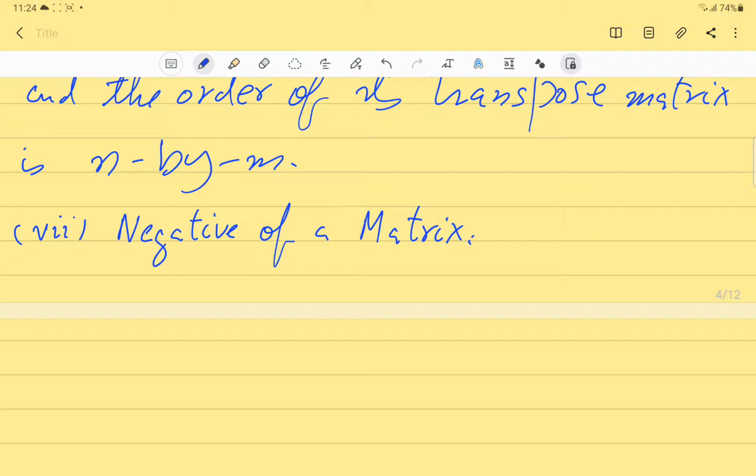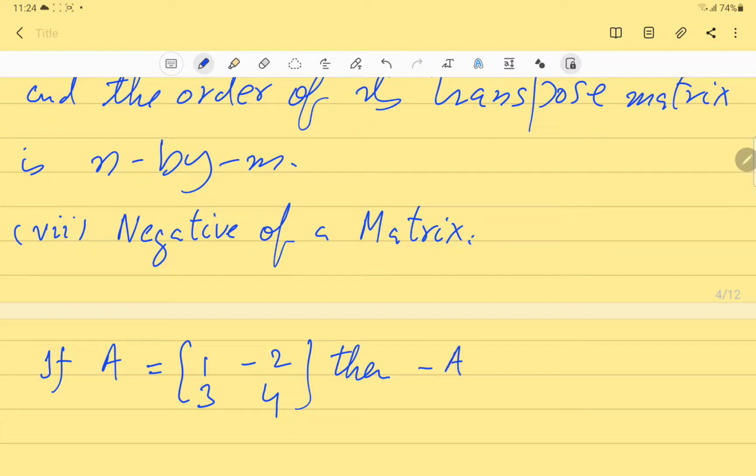The example is, if A is equal to 1, minus 2, 3, 4. In order to get its negative matrix, we have to multiply all its entries by minus 1. So 1 into minus 1 is minus 1, minus 2 multiplied by minus 1 is positive 2.